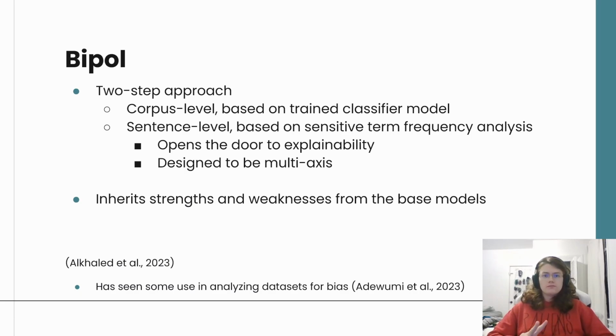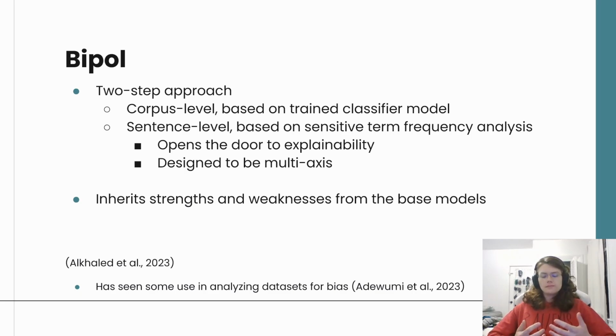Second, and probably second most obvious, it's a multi-axis bias model. Its goal is to report not just whether or not something is biased, but is this biased about gender, about sexuality, about race, things like that.